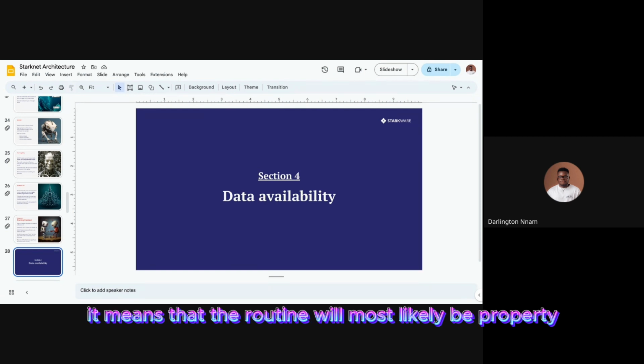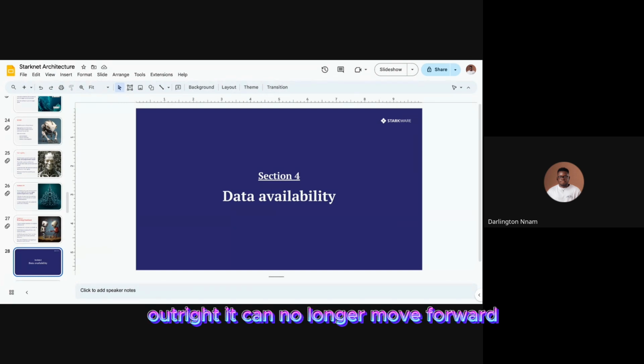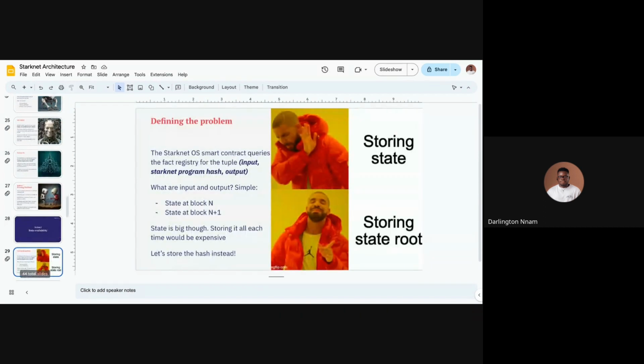It means that the chain will most likely be brought to a halt. It can no longer move forward, and that's the reason why finding a way to store and manage this data in a cost-effective way is super important.